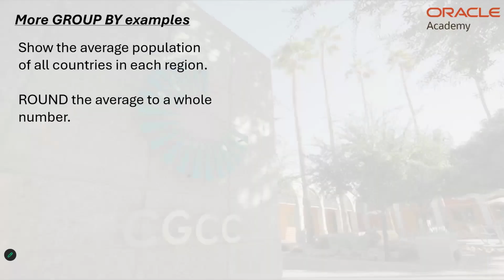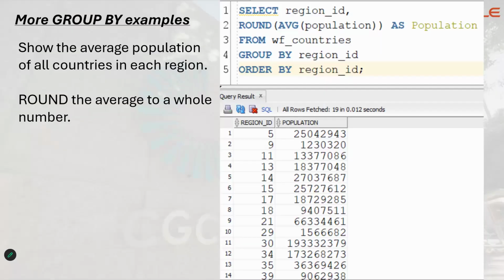Just to throw out some more examples for the group by, this one focuses on population. We're looking at the average population for each region, and hence that's the query that would go with that, round average. We're just using a round so we have a nice whole number.